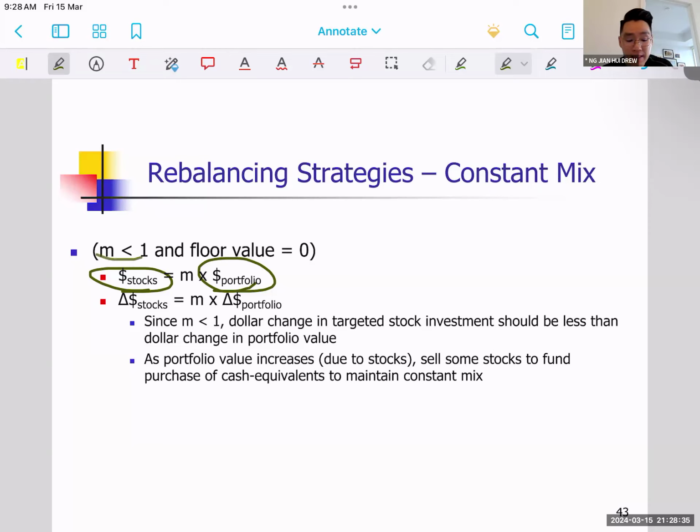So the N becomes less than one, because the change in the portfolio value is no longer 100% due to the stock price change. Yes, it's due to the stock price change, but because we keep on selling to maintain a constant mix, it'll be less than the change in stock price. Because when we sell the stocks, remember, what are we buying? We're buying risk-free, right? So because of this, your N becomes less than one.